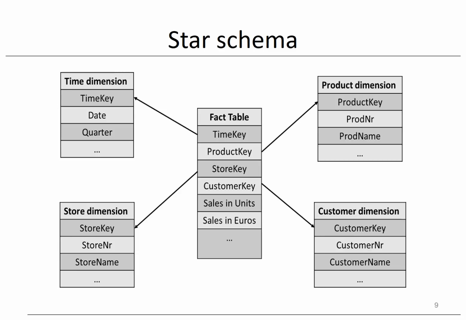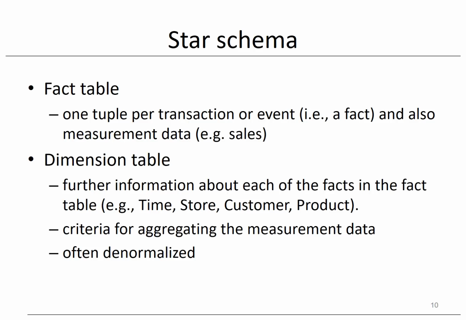The primary key of the fact table consists of the composition of all these foreign keys. The fact table typically contains a tuple per transaction or event and also contains measurement data such as sales in units and sales in euros in our example.